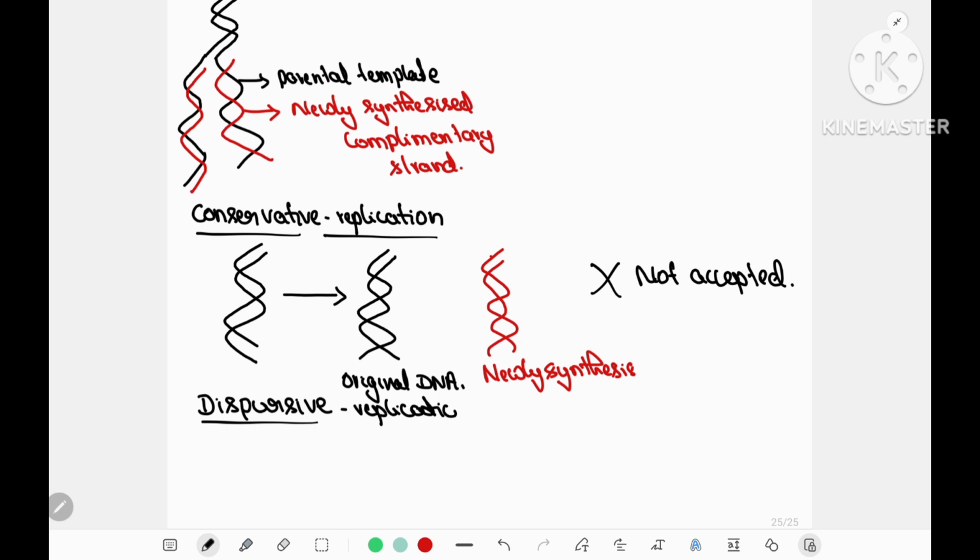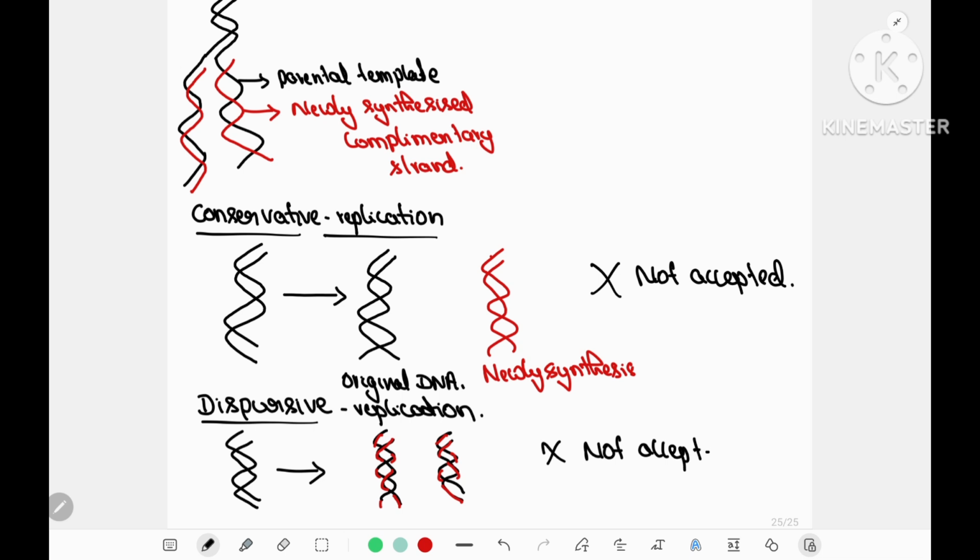Another model was dispersive DNA replication. Here also two DNA molecules are synthesized, but within them there are patches of parental DNA and patches of newly synthesized DNA. Remember, the conservative and dispersive models were not accepted because there was not enough experimental proof.